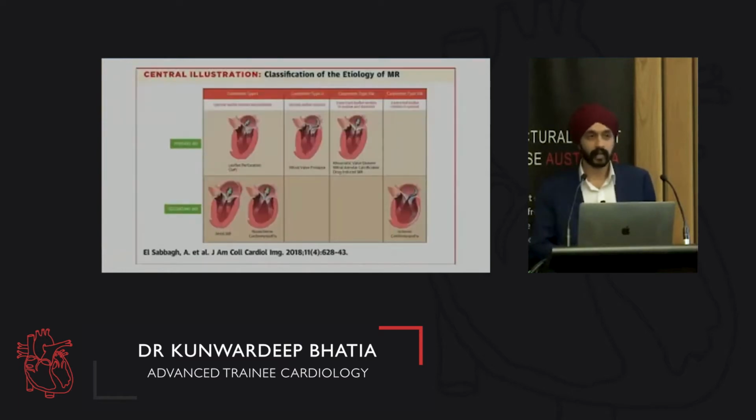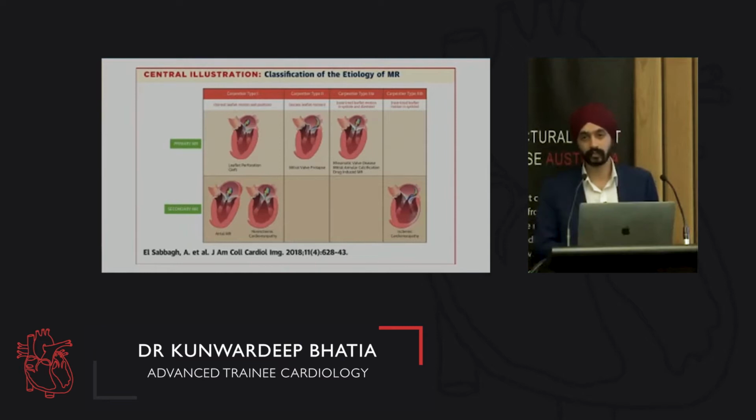In terms of types of mitral regurgitation, this is always getting a bit more nuanced and a bit more complex. But broadly speaking, there's two types: primary mitral regurgitation and secondary mitral regurgitation. In primary mitral regurgitation, there's a problem with either the leaflets themselves or with the cords.